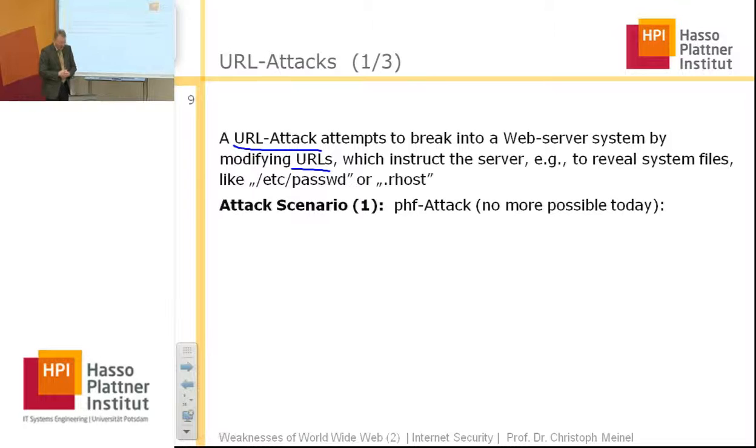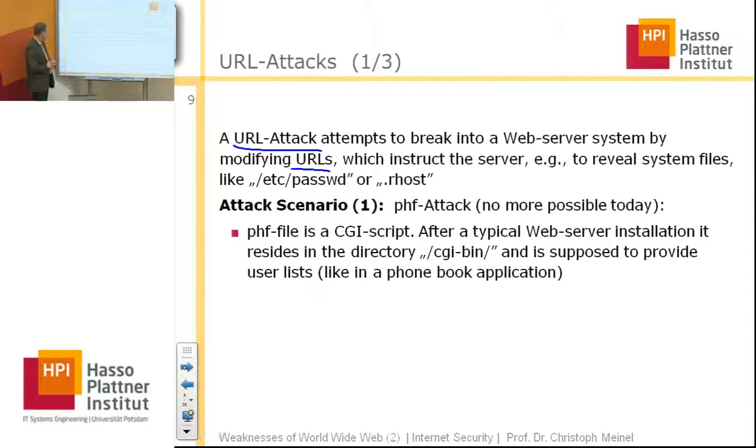Let's start with the first attack scenario. It's the so-called PHF attack, which is no longer possible today. The PHF file is a CGI script, and in a typical web server installation, this resides in the directory /cgi-bin/.